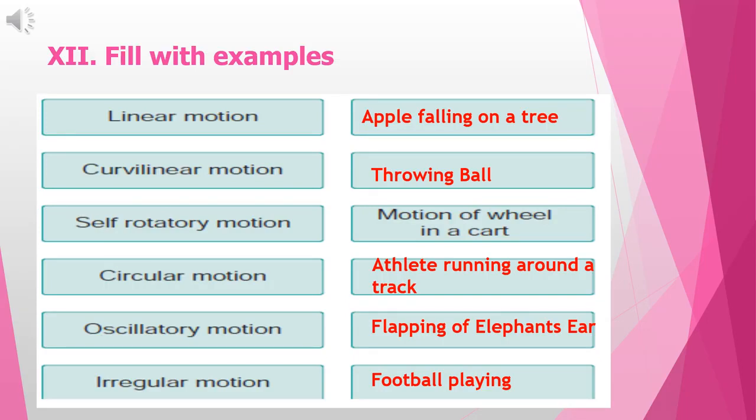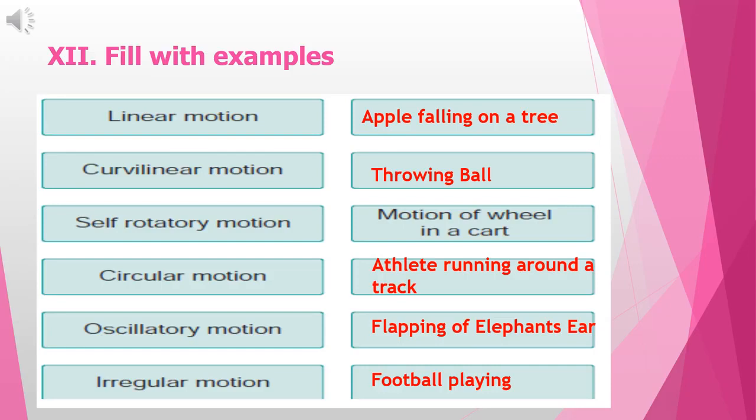Self-rotatory motion, the movement of your body about its own axis. Example, spinning top. Circular motion, moving in a circle. Example, athlete running around a track.